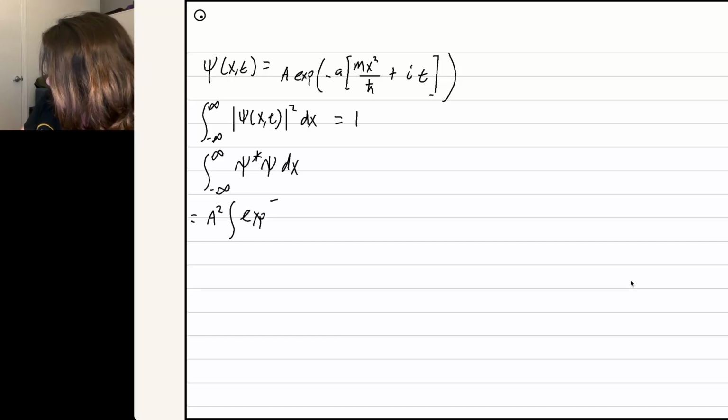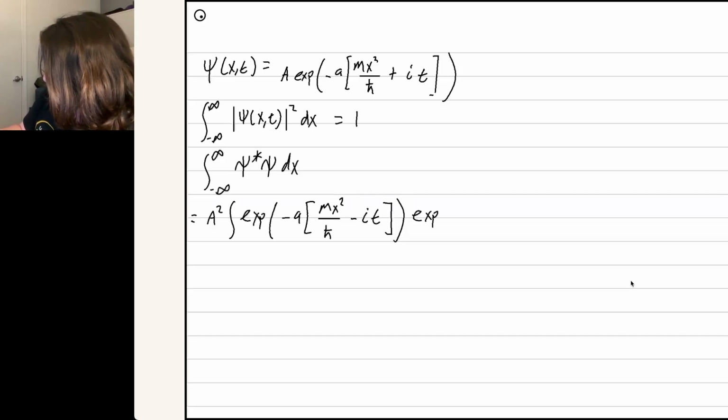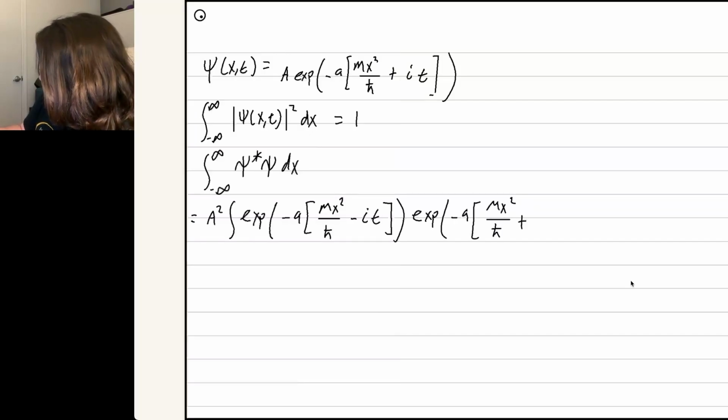exp of minus a m x squared over h bar. You have a minus i on this term, and then the same stuff, but with a plus i on this stuff.